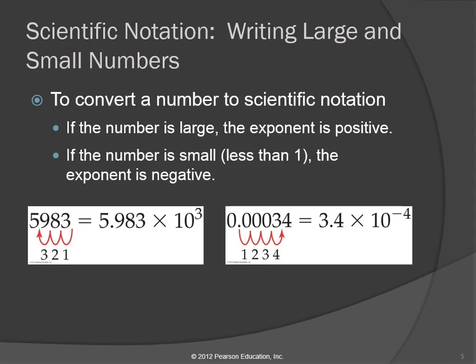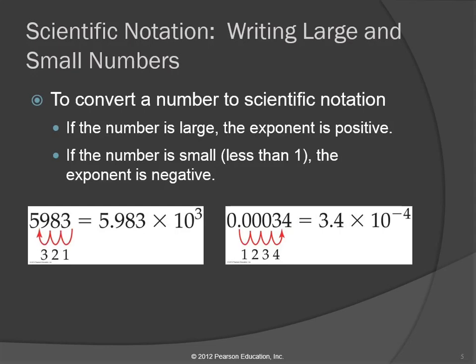So what we're doing with scientific notation is we're factoring out powers of 10. So we're moving the decimal place by multiplying or dividing by 10. So if we take this number, 5,983, that is 5.983 times 10 to the third.